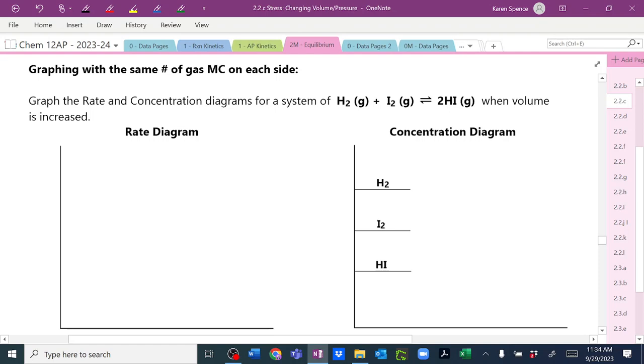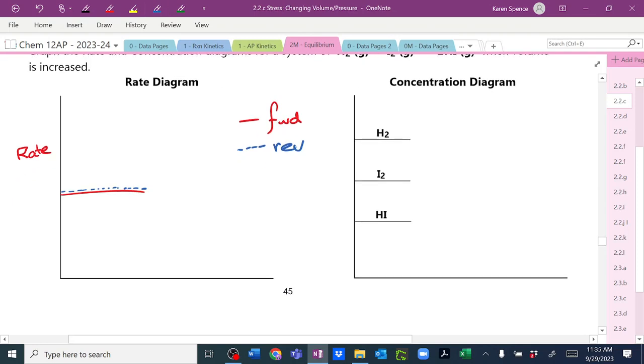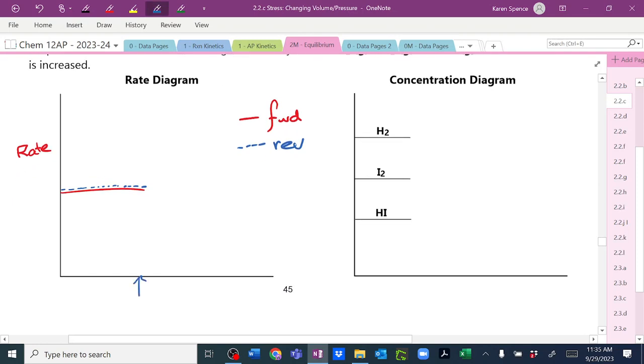Okay. So here we go. We have the rate diagram. Forward. Reverse. Let's say that we decrease the pressure.